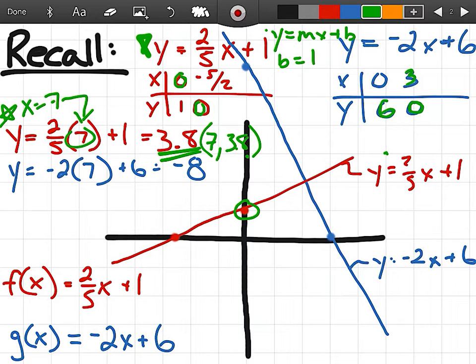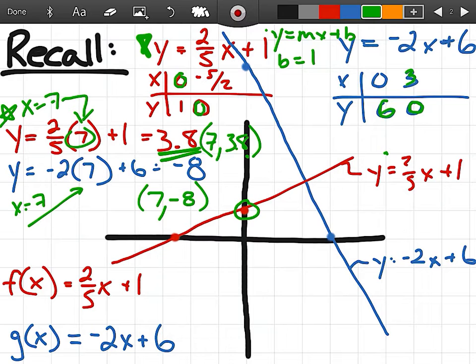And then conversely, if x equals 7 for the blue line, then I get the -8 on the blue side. The reason I chose this number is that I want you to see these are two different numbers. I put in an x in both of these equations, but the equations are different.